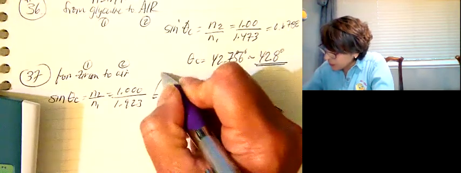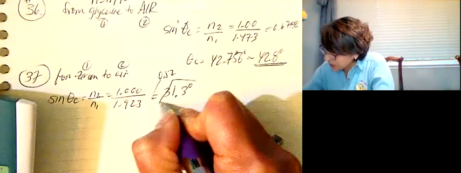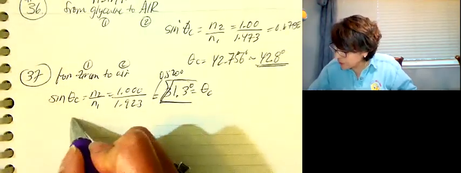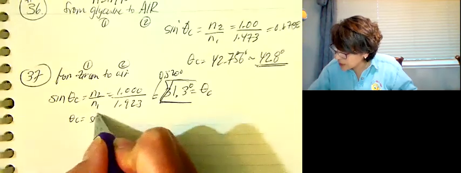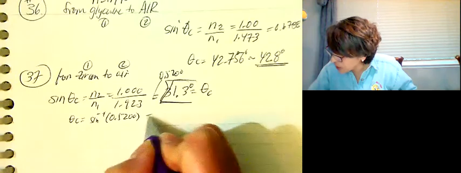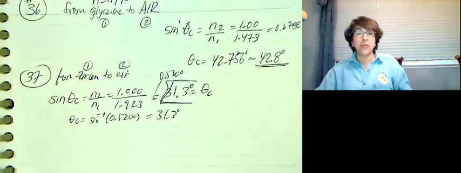I kind of skipped a step there. So the critical angle is the arc sine of 0.52000, and that gives you 31.3 degrees.